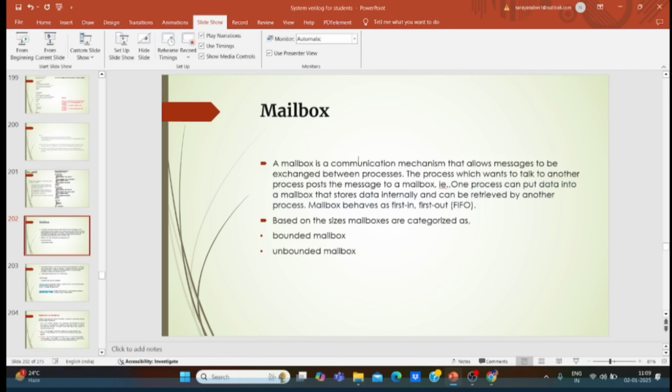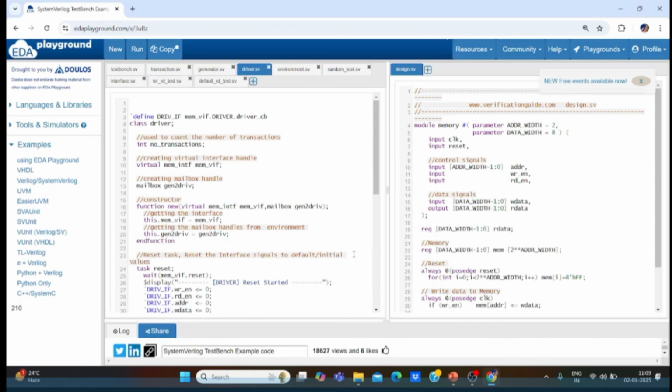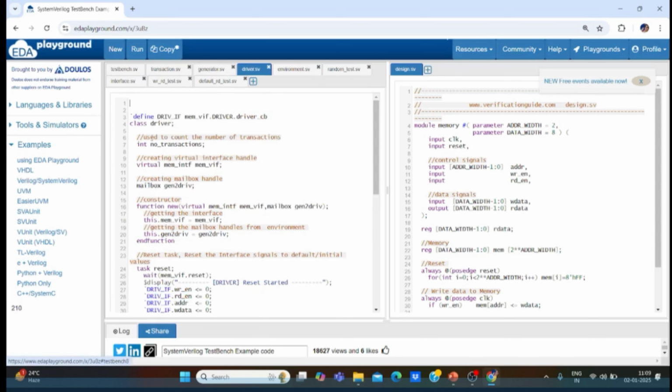Let me show you an example so that you can easily understand. This is my testbench code for SystemVerilog. Here, this is my generator, and in the generator you have a mailbox. In the same way, the driver also consists of a mailbox.